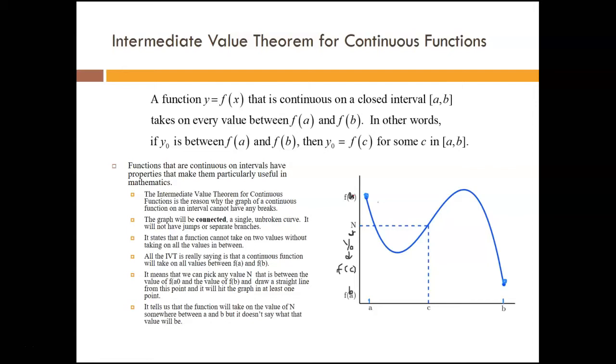So if f of A is equal to 10 and f of B is equal to 1, then every value from 1 to 10 exists at some number C on the domain. So every value from 1 to 10 on the range exists at at least one number C on the domain from A to B.